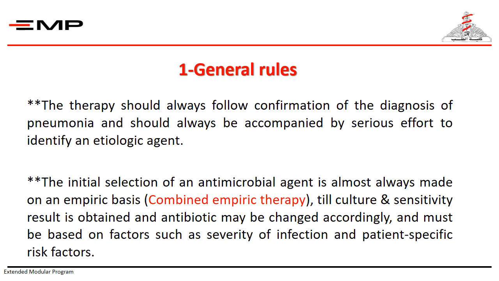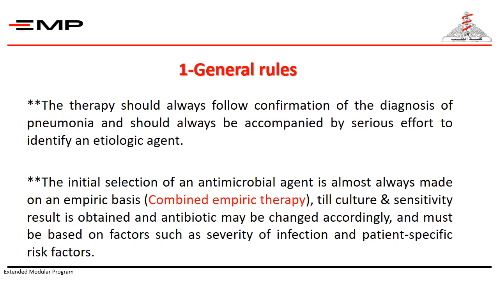The therapy or medications should always follow confirmation of the diagnosis of pneumonia and should always be accompanied by serious efforts to identify an etiologic agent or the bacteriological pathogen or bacteriological diagnosis.